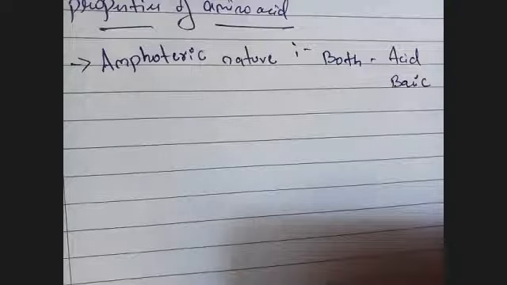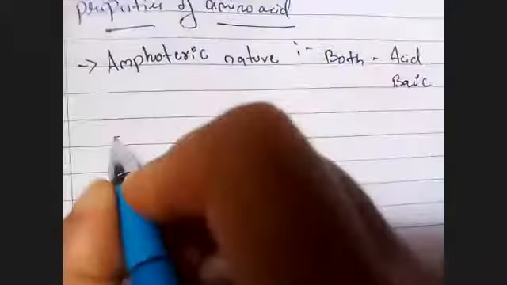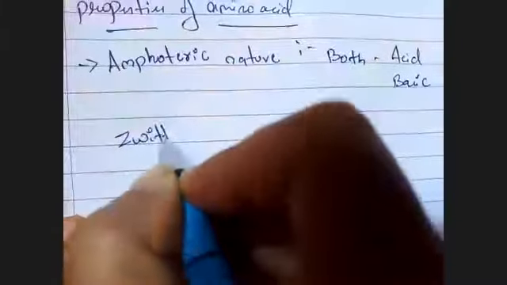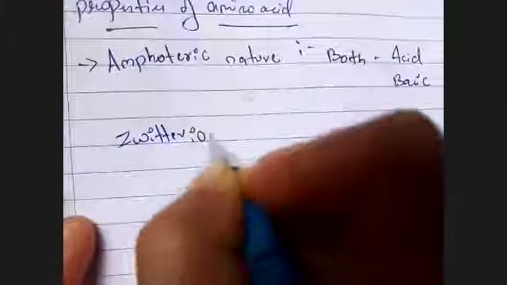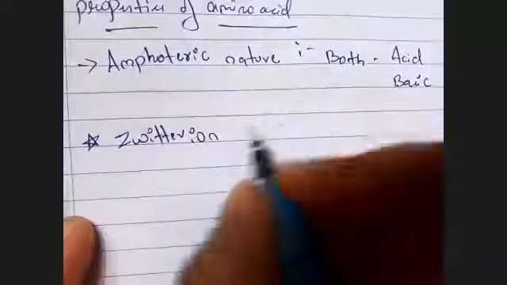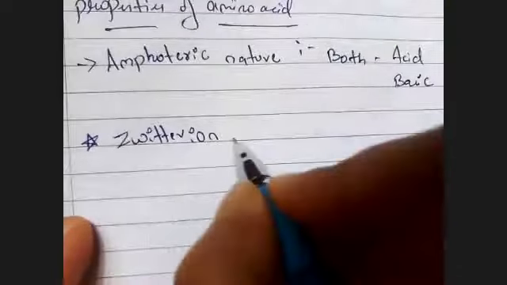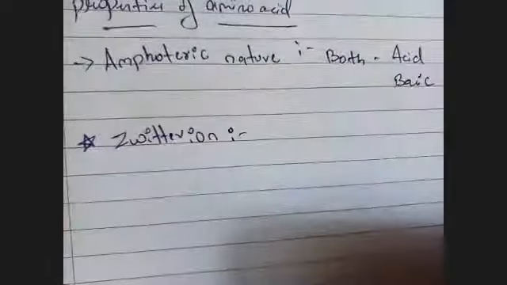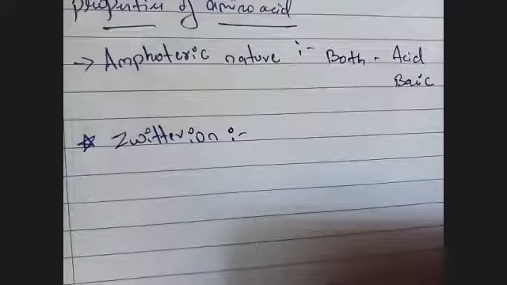Because of the presence of these acidic and basic groups, the amino acid will exist in the state of a zwitterion. This is a very important word.